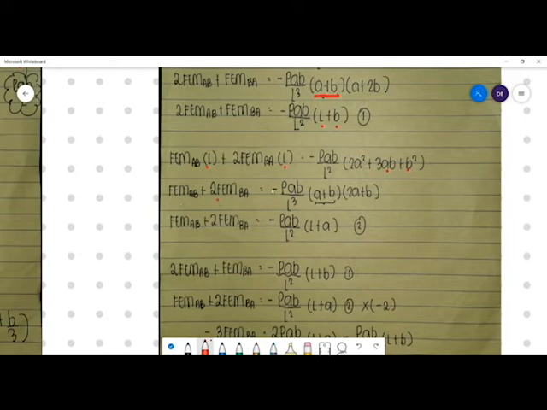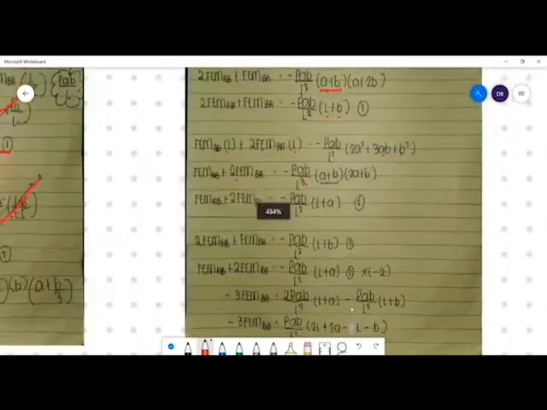FEMAB plus 2FEMBA is equal to negative PAB over L cubed times A plus B times 2A plus B. Since A plus B is equal to the length, it becomes negative PAB over L squared times L plus A.